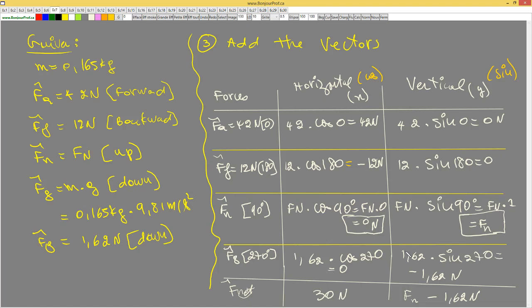Don't forget this one also. You have to add everything. Plus 0 plus 0 plus Fn plus minus 1.62. I didn't put 0 plus 0 because it is 0 and changes nothing. Understand? And do some algebra here.